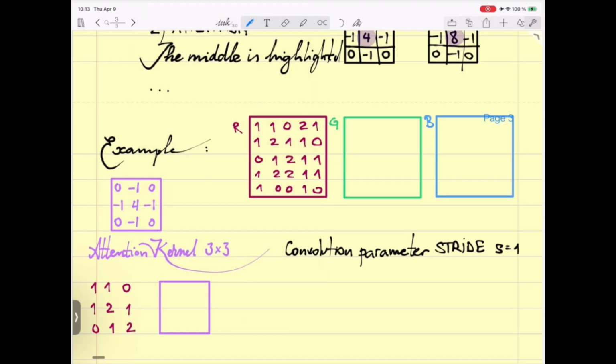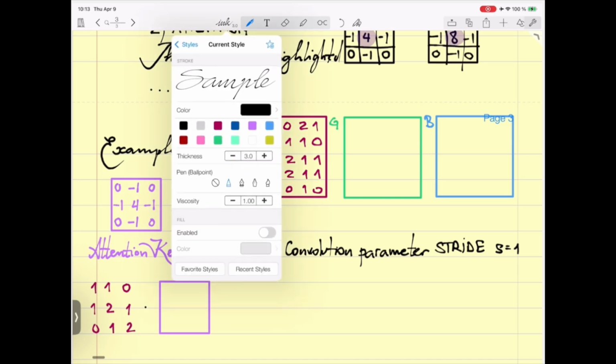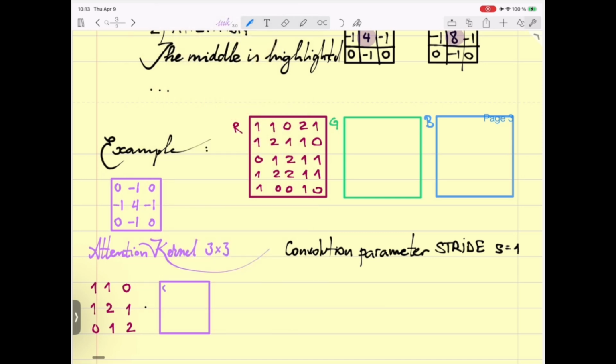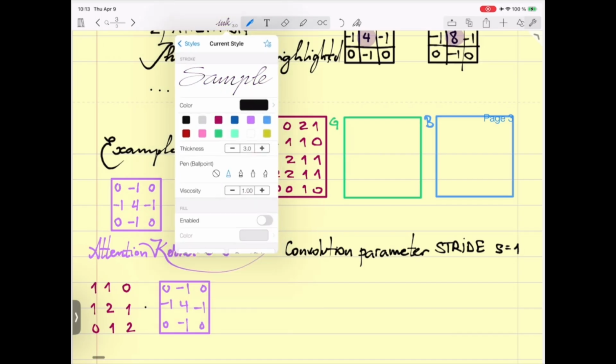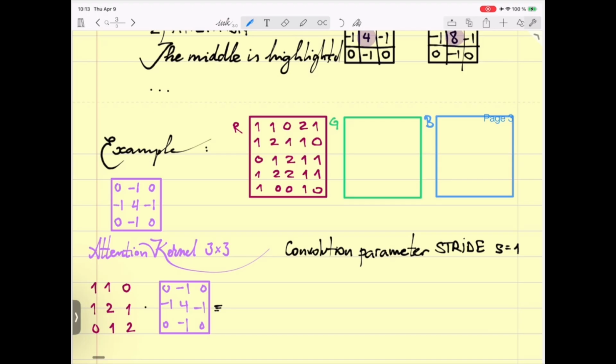And then we're gonna multiply it by our filter. How do we do it? It's simpler than chewing gum.